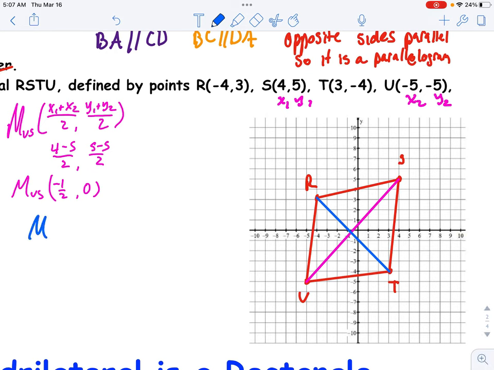It's going to be close. Then we have the midpoint of RT.